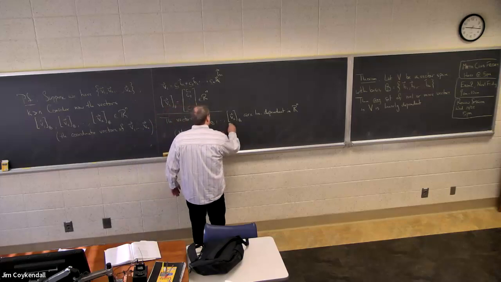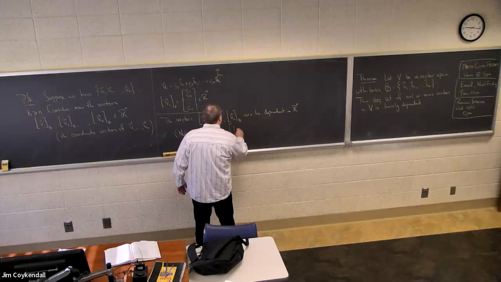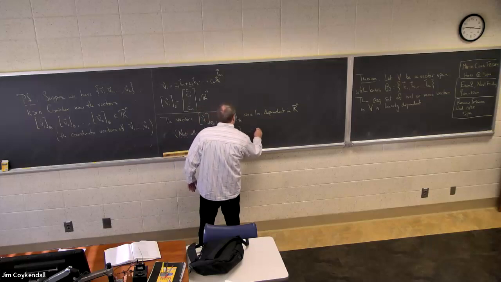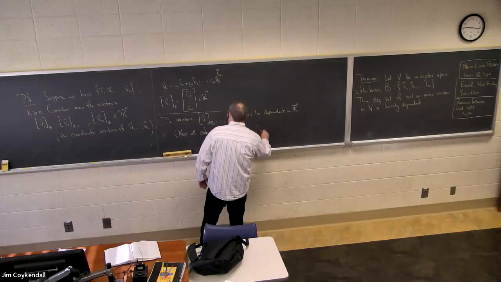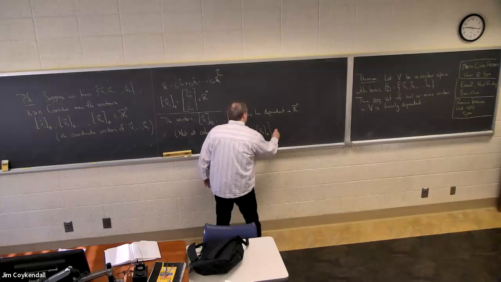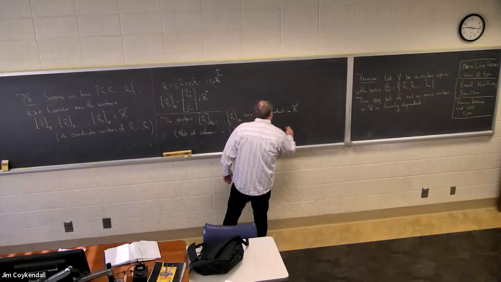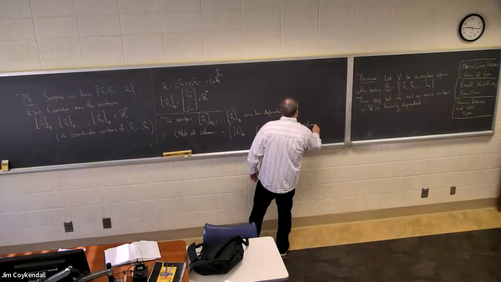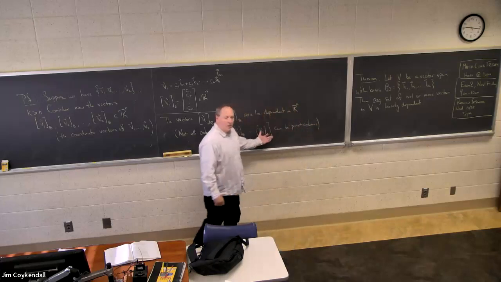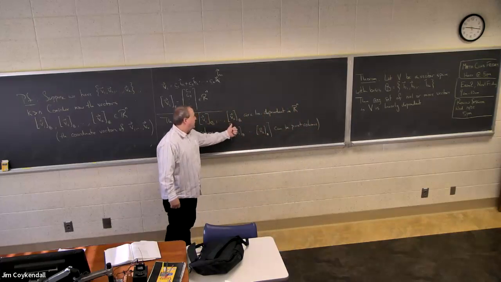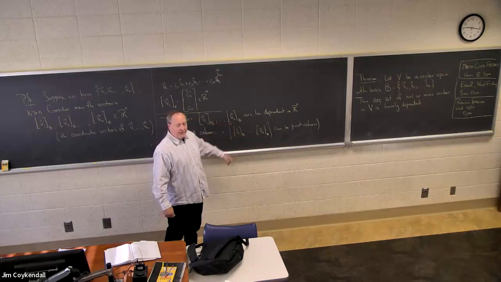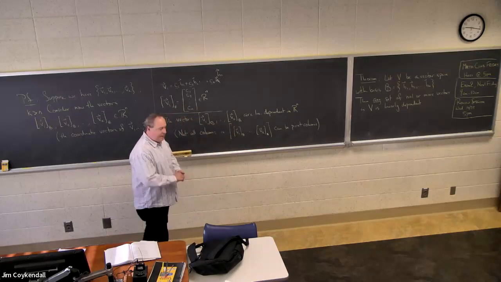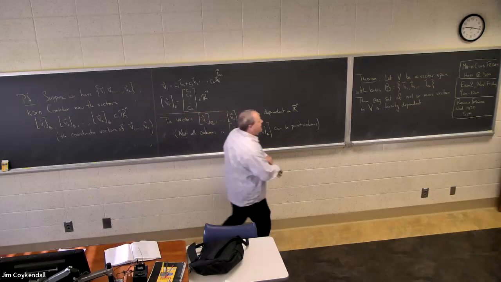If I make the matrix by these things here, b1 up to bk, then this collection of vectors in Rn has to be linearly, or I'm sorry, linearly dependent.